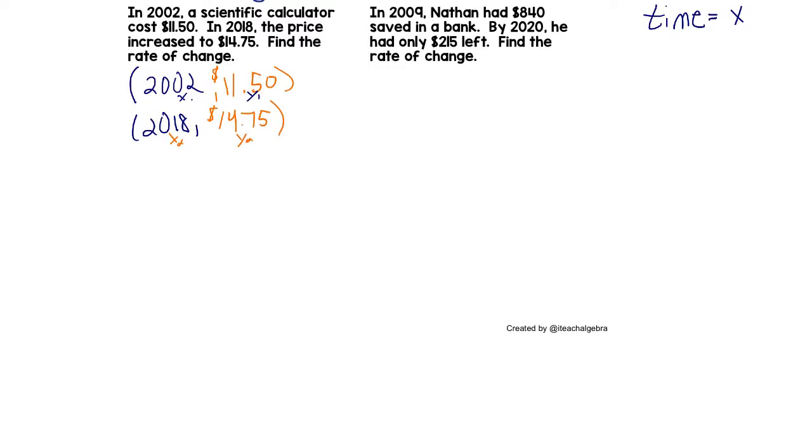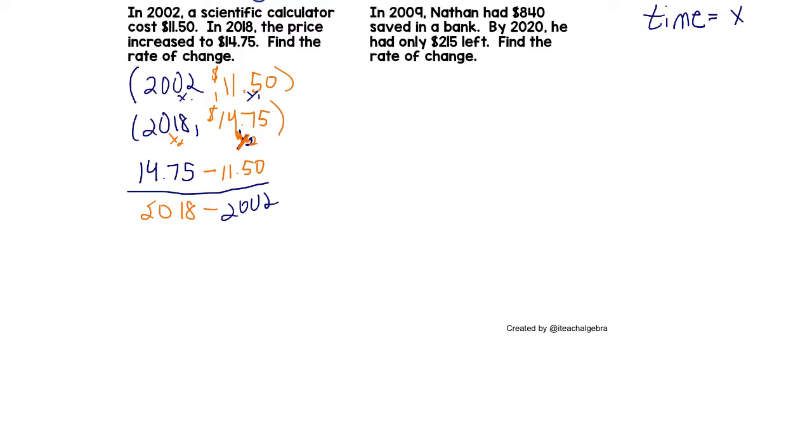So we have 14.75 using our same equation minus 11.50 divided by 2018 minus 2002. The colors made no sense this time, guys. I totally screwed that up. Sorry about that.